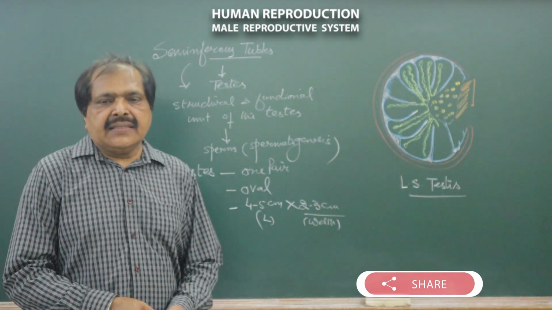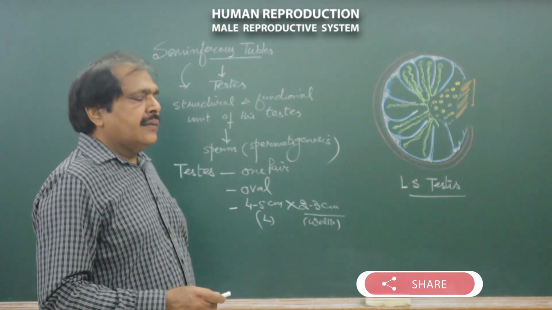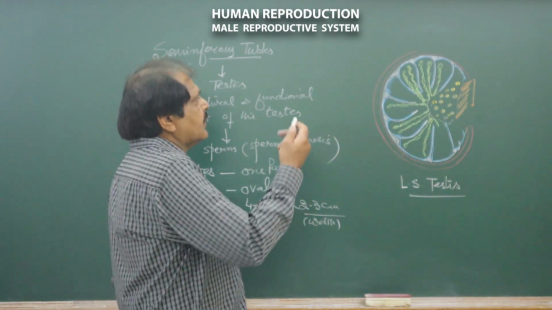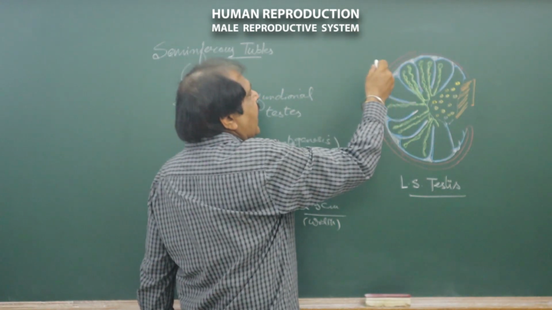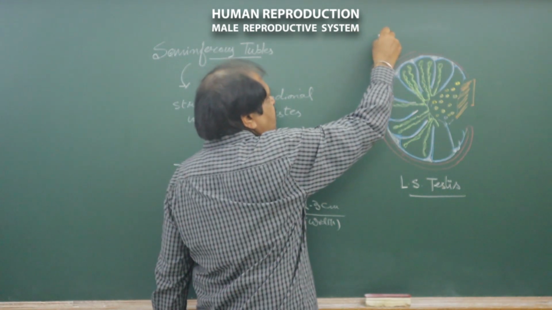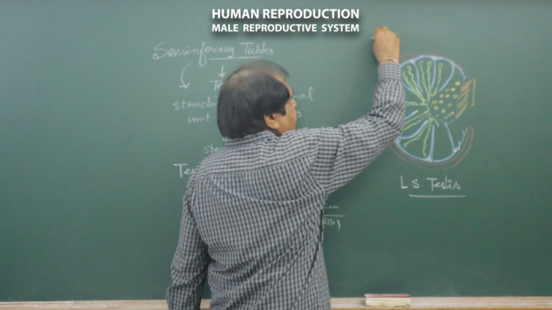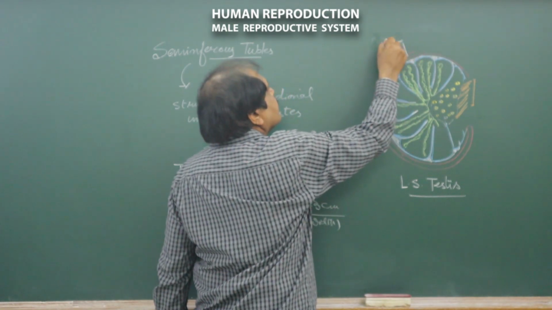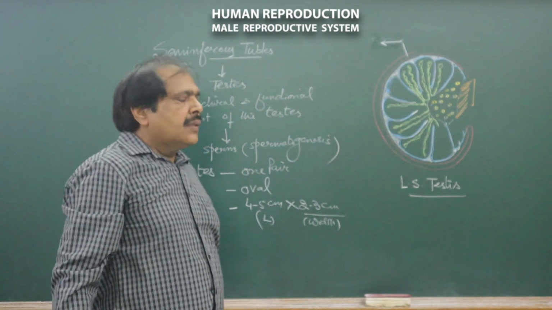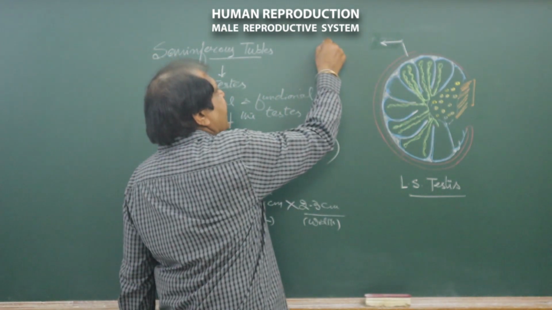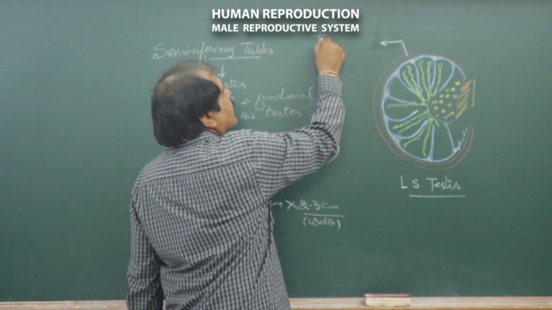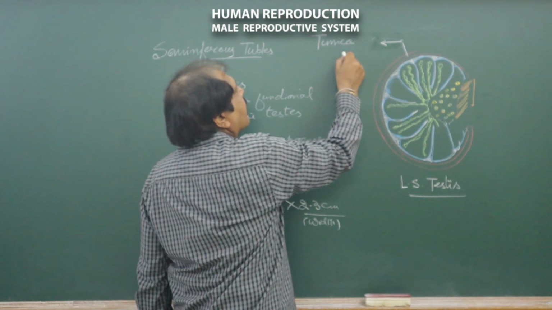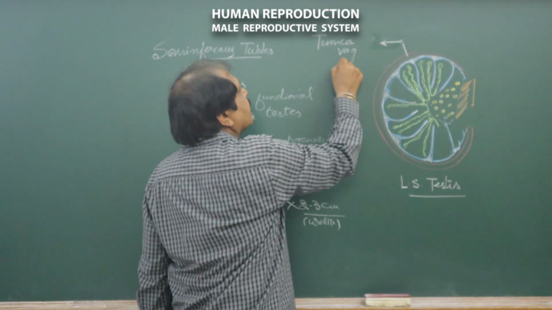Each testis is covered over by 3 layers. The outermost layer is tunica vaginalis.